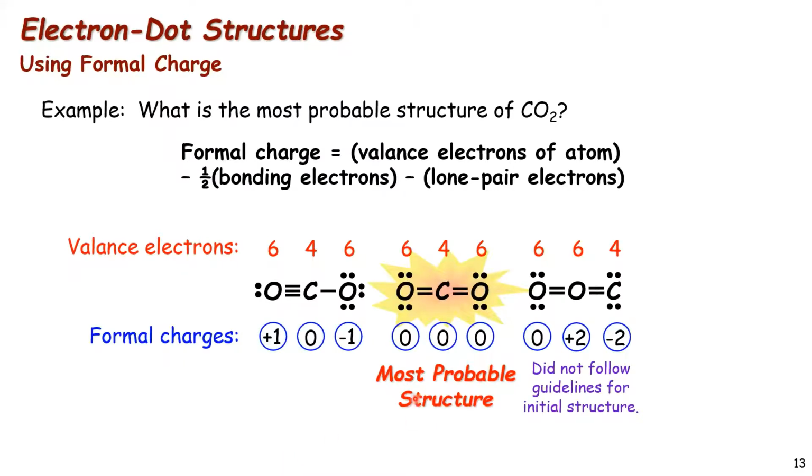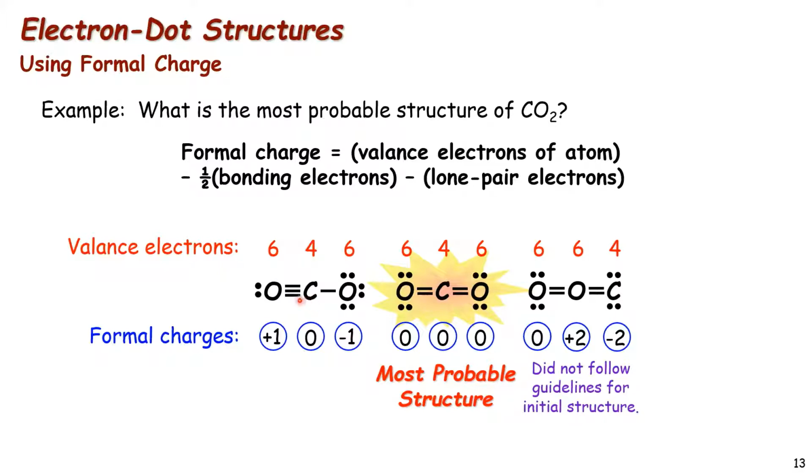I want to show you an easier way to calculate the formal charges. So the easiest way to do it is just to take the number of valence electrons. So this is oxygen and it has 6. And we're going to subtract 1 for each line and 1 for each dot. So 6 minus 1, 2, 3, 4, 5. 6 minus 5 is positive 1. So 4 valence electrons for carbon.